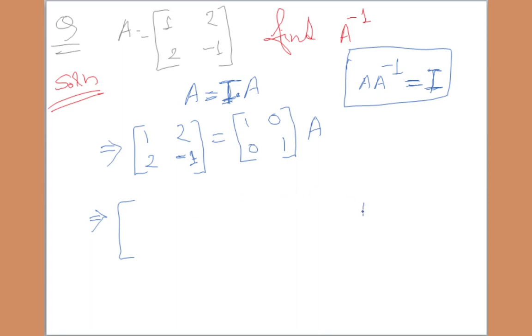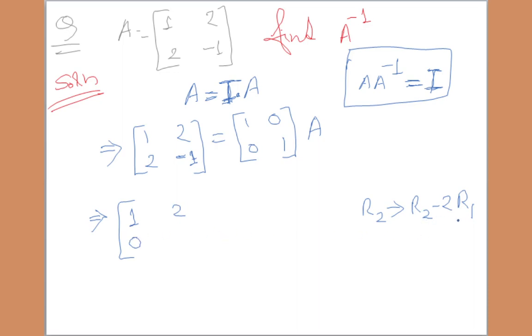If we apply the operation R2 minus 2R1: 2 minus 2 into 1, this becomes 0.